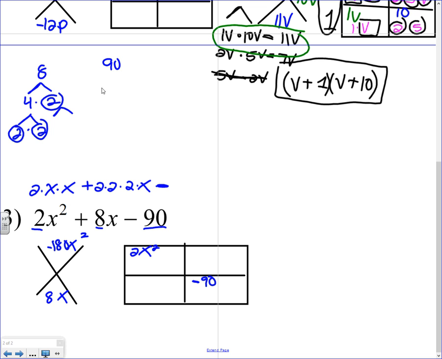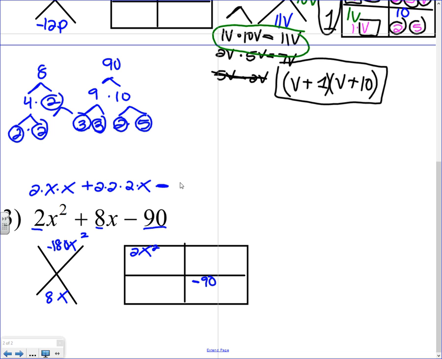Factors of 90 will be 9 and 10. Factors of 9, can I use 1 or 9? I can use 3 and 3. Factors of 10, can I use 1 and 10? I can use 2 and 5. And all those numbers are prime. So write the prime numbers in order.